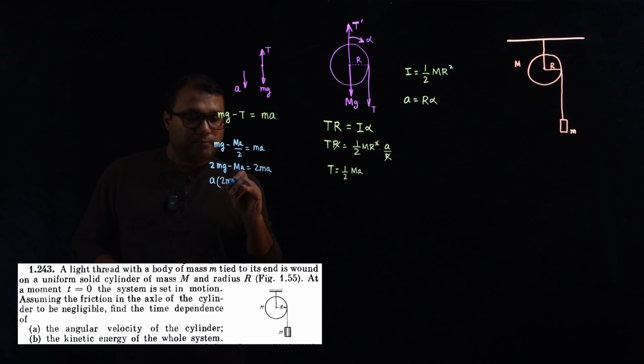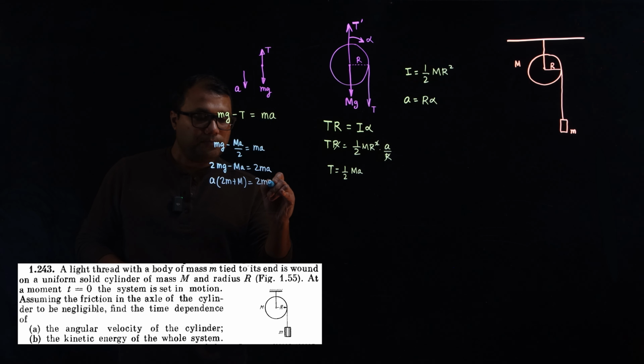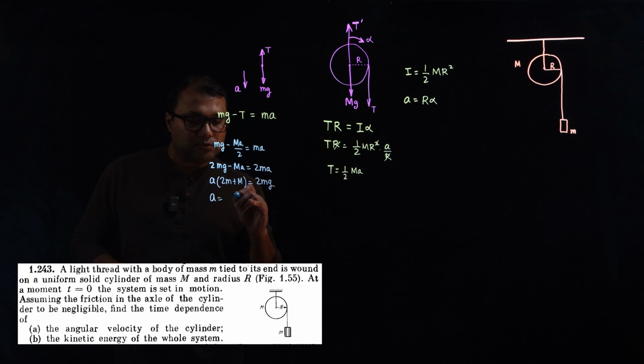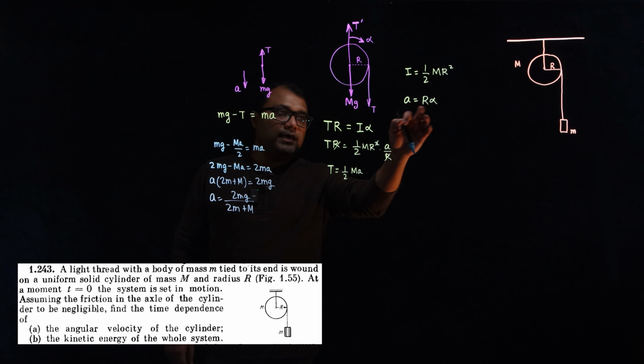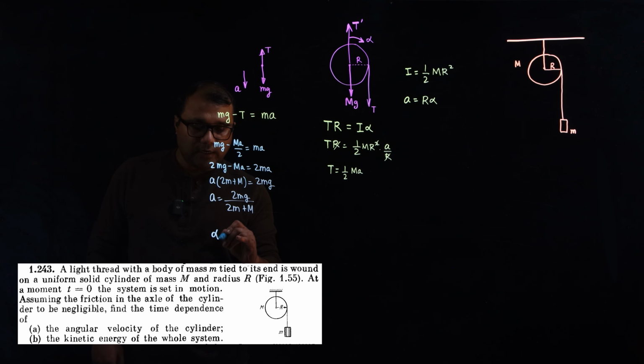So 2m plus capital M is equal to 2mg, and a is equal to 2mg divided by 2m plus M. Okay. Now, since a equals r alpha, therefore alpha is equal to a by r. So 2mg by r times (2m plus M).